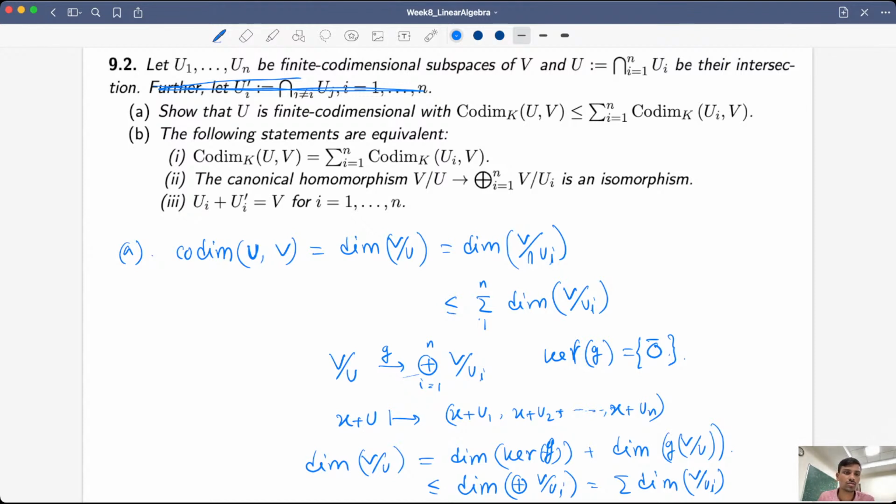So that concludes this one, and for the part ui plus ui prime equal to V, you again consider this isomorphism map. For any v belonging to V, for the ith place you consider 0 plus ui, and for all the other places you consider v plus uj, all the way up to un.